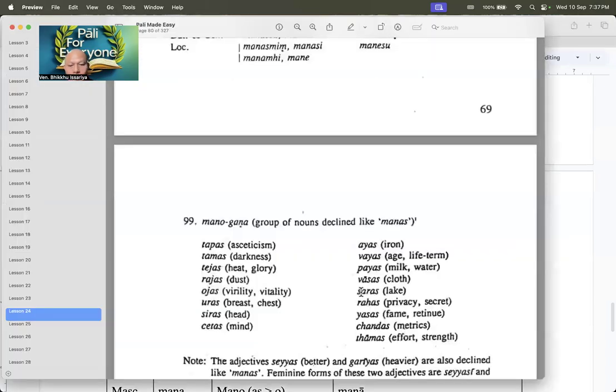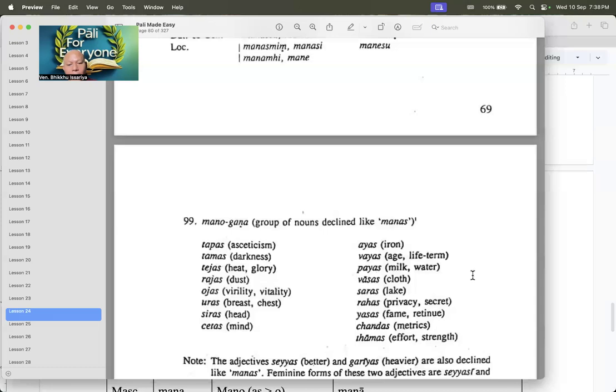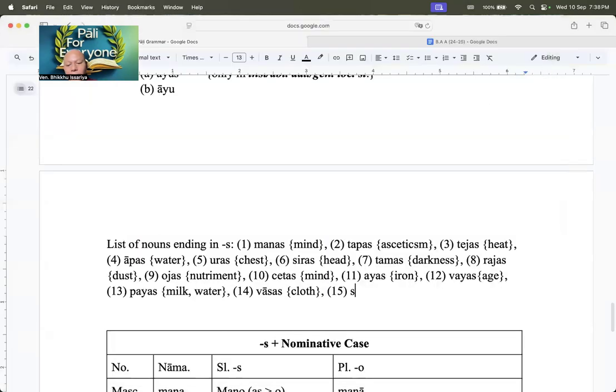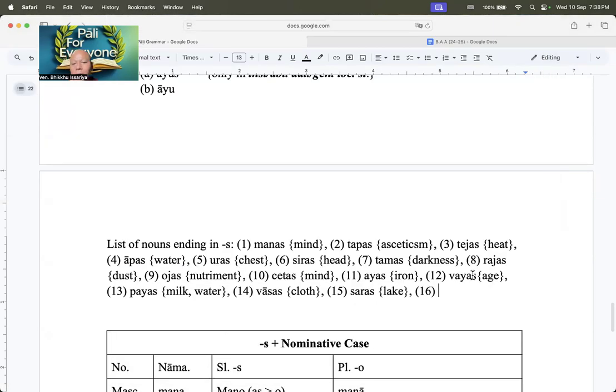And the next, vasas, clothes. And then next, 15, saras, lake or pond. And the next word, rahas, so secluded place or secret place.